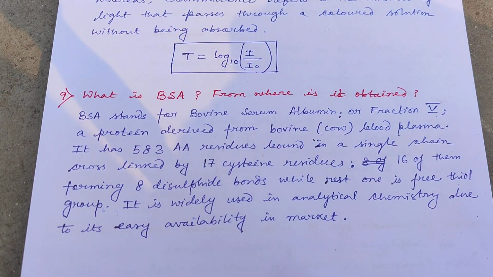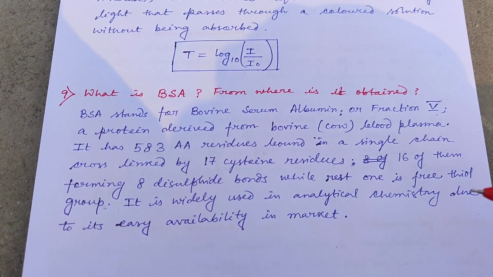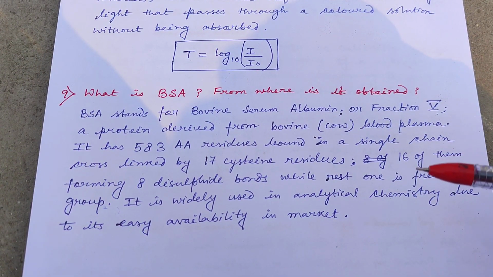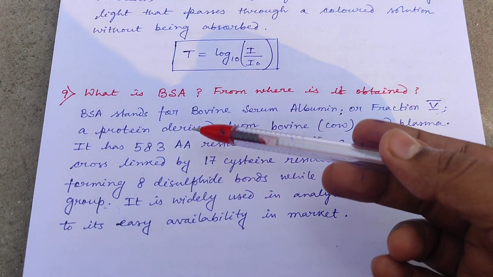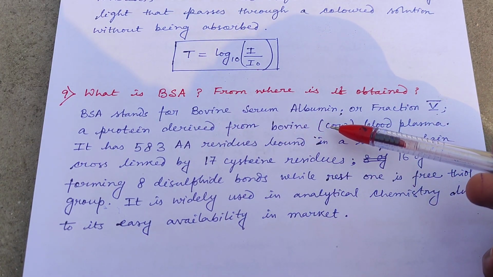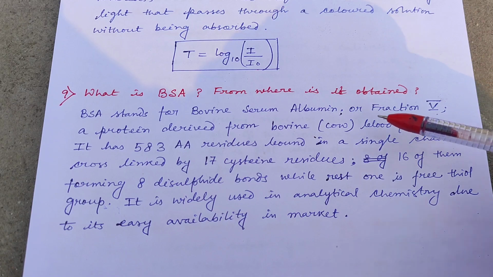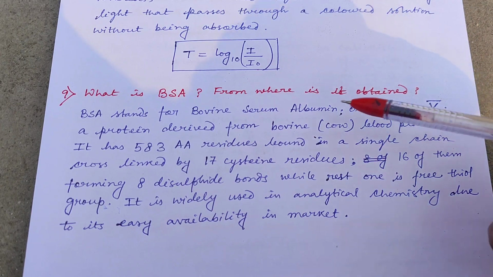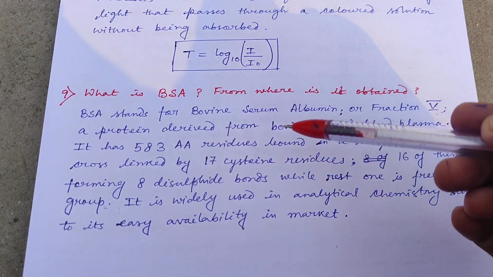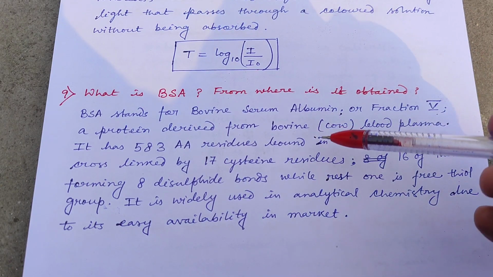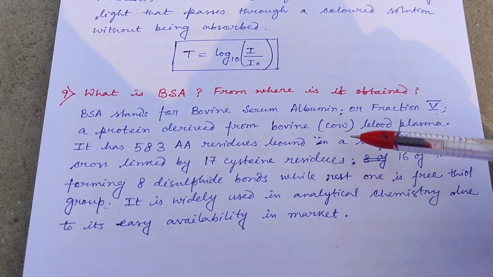So in colorimetric estimation of protein by Lowry's method, we generally use BSA. BSA stands for bovine serum albumin, also known as fraction 5, a protein derived from the bovine blood plasma. So it is derived from the blood plasma of cow.